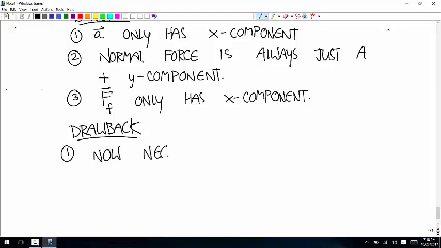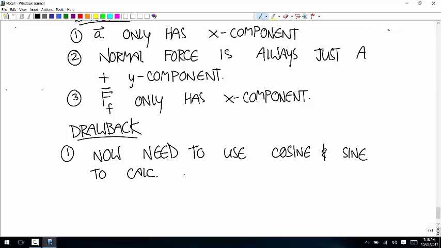So now you need to use cosine and sine to calculate the weight force vector. So that's kind of a pain. The thing that was always the simplest one to deal with before is now the most complicated one. But you can see why we're doing this. We get 3 pros and 1 con, so overall it helps.